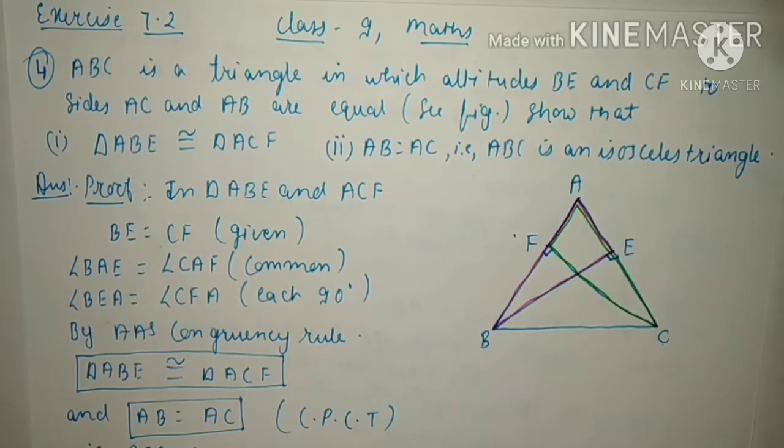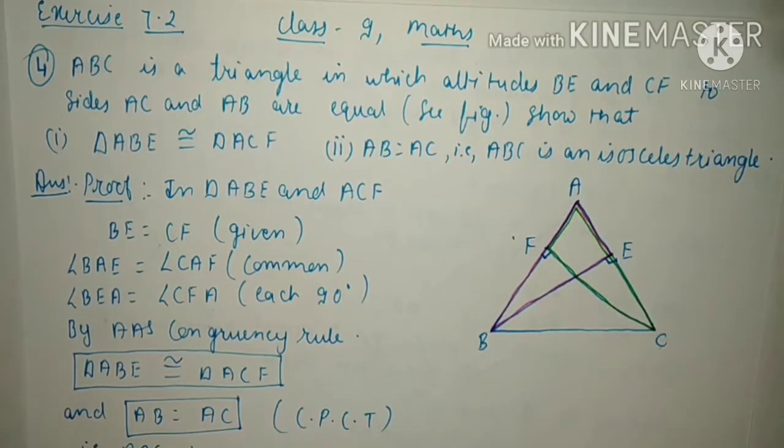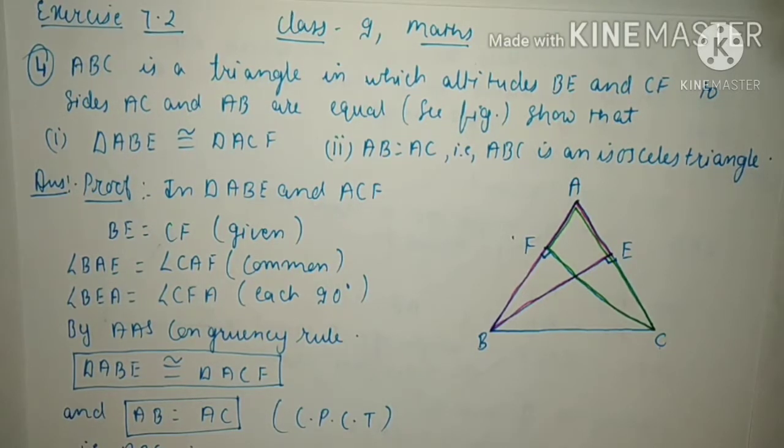This also we have to prove. Now first of all we will write what is given to us, then we will write to prove. After that we will start our proof. So we have to prove these two triangles congruent, so we will take these two triangles only.